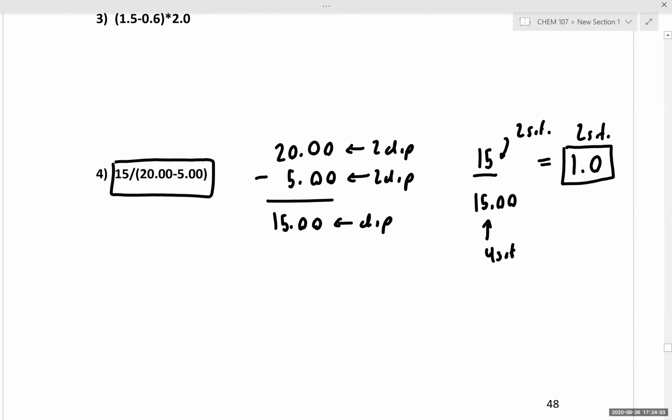For division, we care about significant figures. The top number has 2 significant figures. The bottom number has 4. So our final answer should have the least number of significant figures from our 2 measurements, which would be 2 significant figures. Does that make sense?